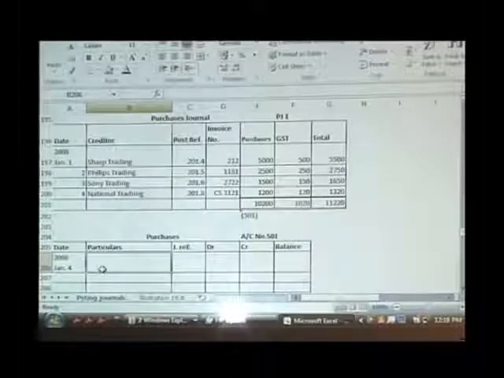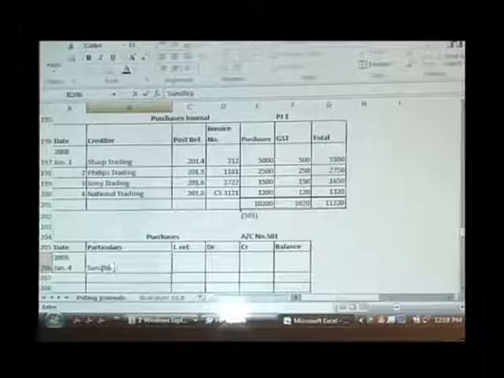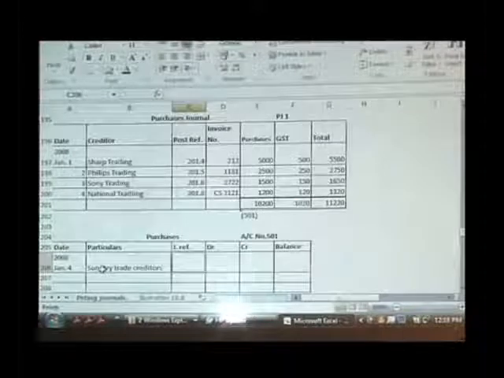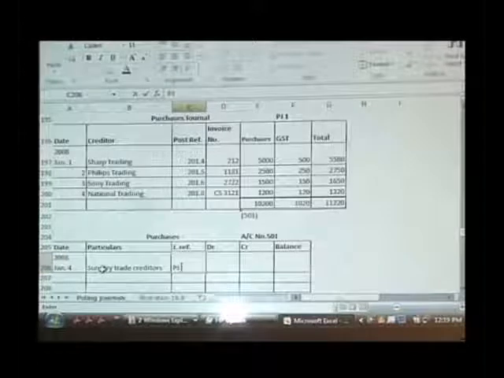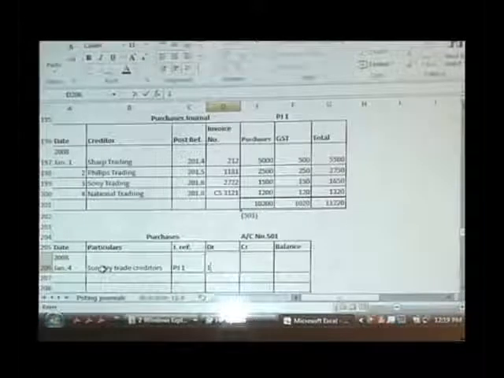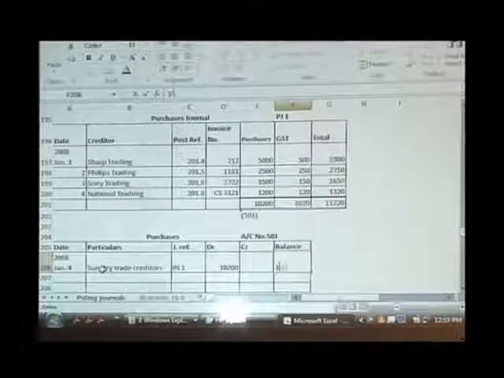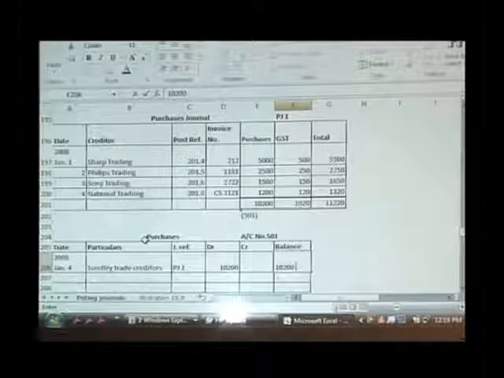Then what we are going to write here, sundry trade creditors, PJ1, purchases total is 10,200, it is a debit balance.